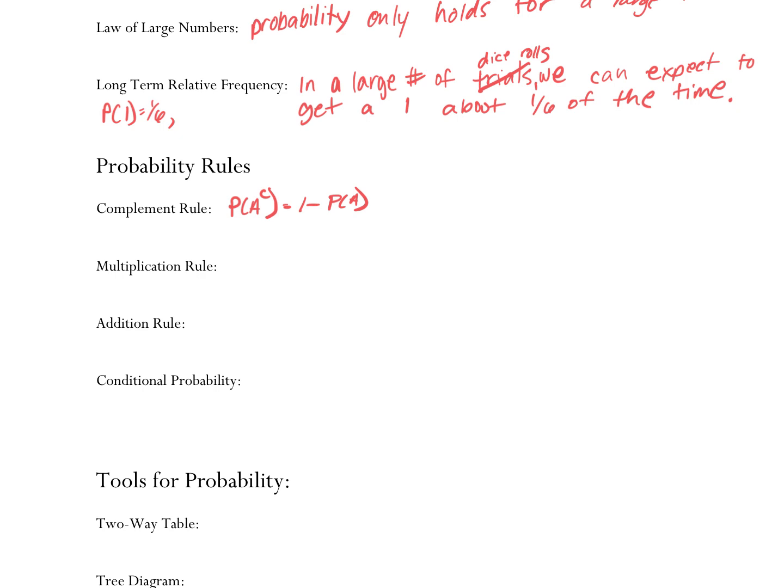You guys already know this. If I tell you that the probability that Miss Meister needs to refill her coffee mug is 95%, what's the probability I don't need to refill my mug? 5%. It makes sense to just subtract from 100%, yeah?